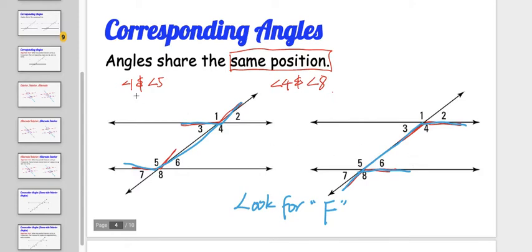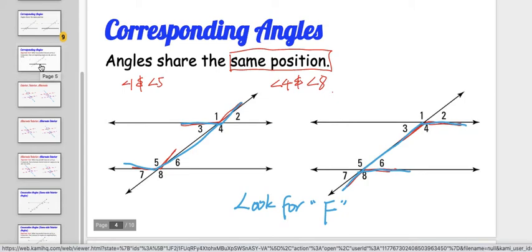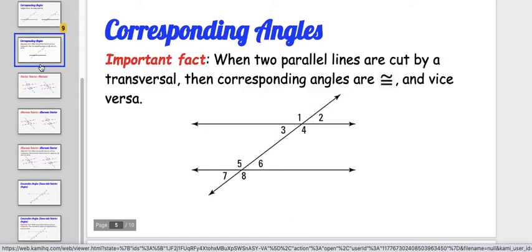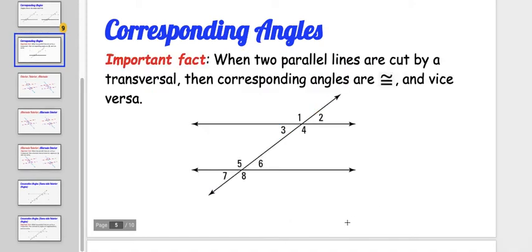Now, next I'm going to share with you a very, very important fact about corresponding angles. In this lesson, when we talk about these angles, they are based on their position. However, these angles have a very interesting fact when the 2 lines are parallel.